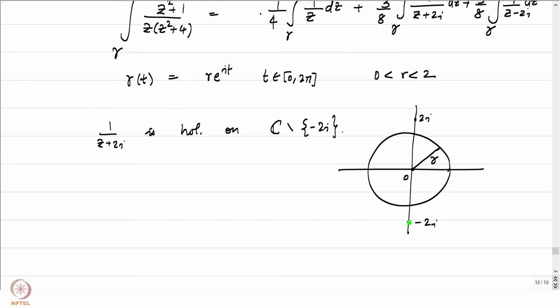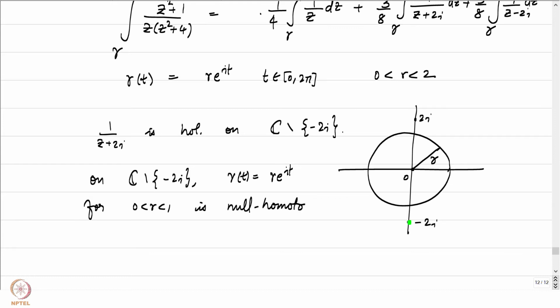This function is going to be holomorphic, and notice that on C minus 2i, the curve gamma(t) = re^(it) for r less than 2 is null homotopic. It can be homotoped to a constant curve.